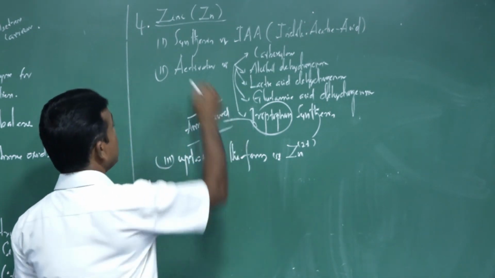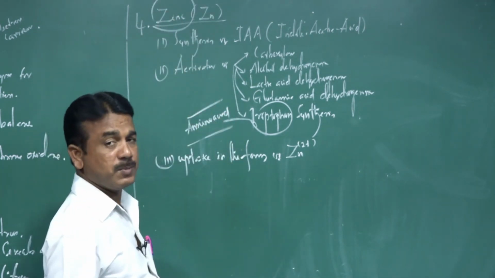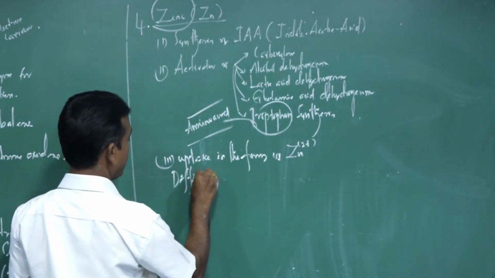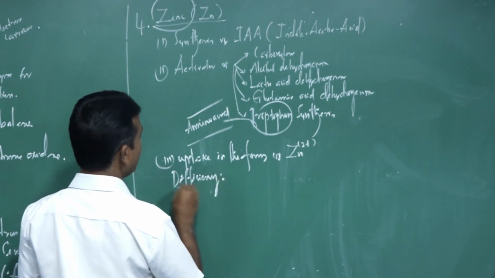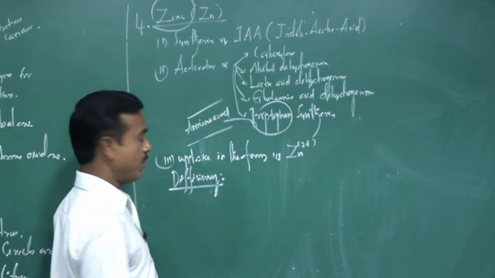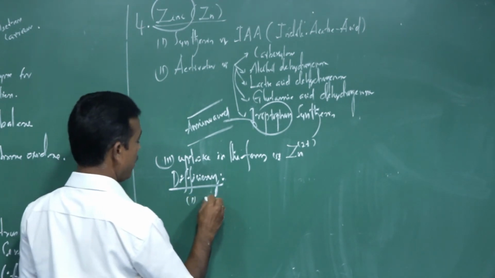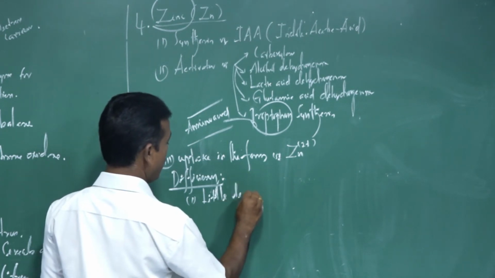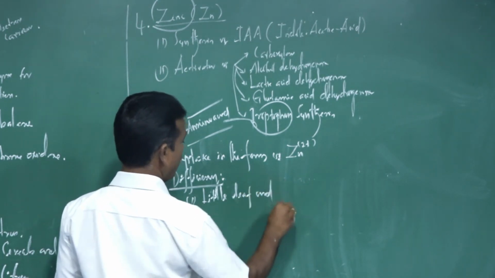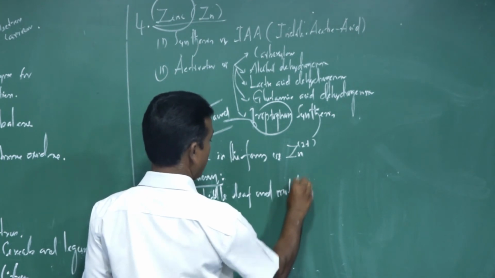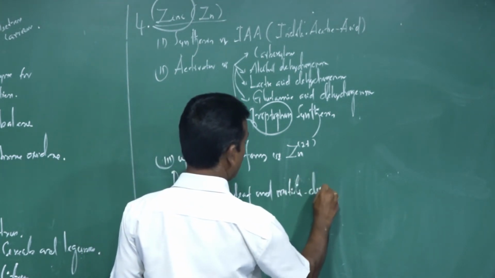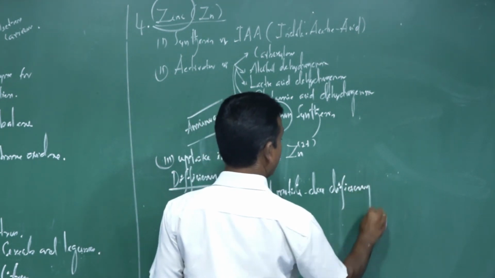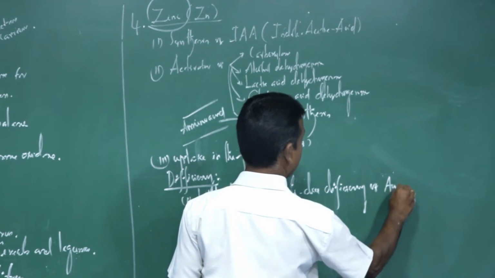If zinc is not available to the plant, what deficiencies must occur? First of all, little leaf and mottled leaf due to deficiency of auxin.